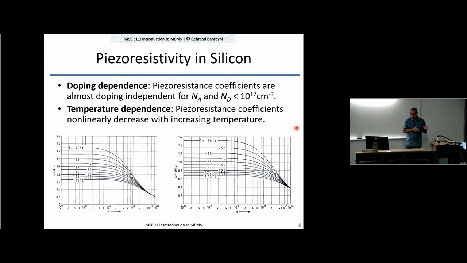So what people normally do is that, despite the fact that at higher doping levels your sensitivity drops, if you look at these two curves, your sensitivity to strain drops, but your sensitivity to temperature also drops significantly. And that's the sacrifice that in many situations people make, right? So they trade off the sensitivity to strain and gain insensitivity to temperature by having highly doped piezoresistors.